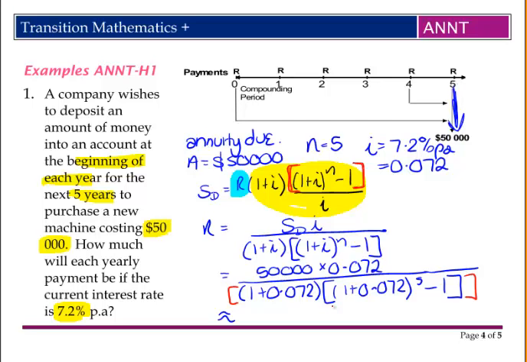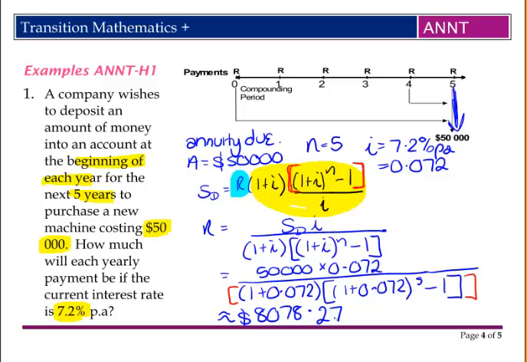Then 1 plus 0.072 bracket to the power of 5 minus 1, and then I want 2 brackets at the end. Press enter and it will spit out $8,078.27.